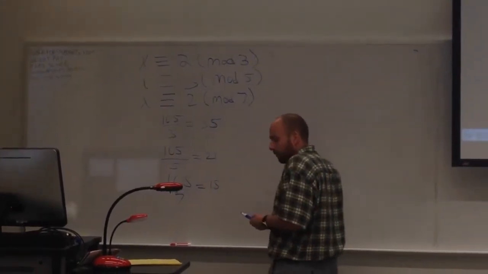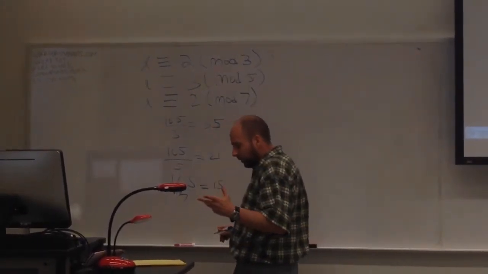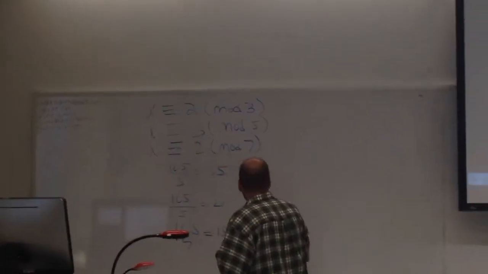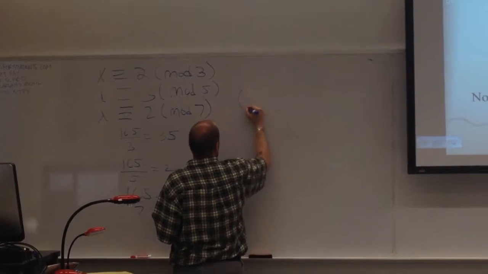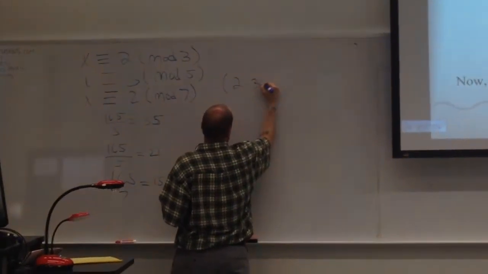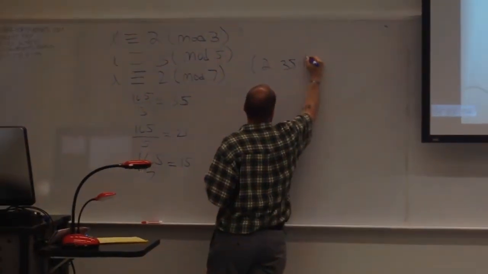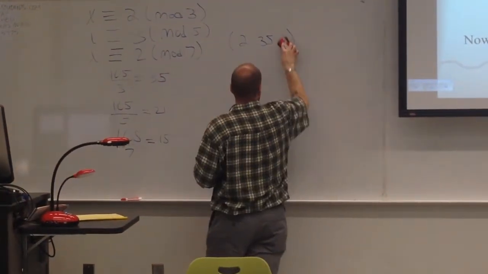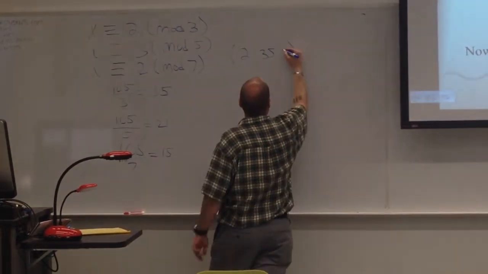So let's look at the form of our solution. Thus the solution to the system are those x's such that we've got 2 times 35 times 1, times 2, we get 2. That was our inverse, I forgot.